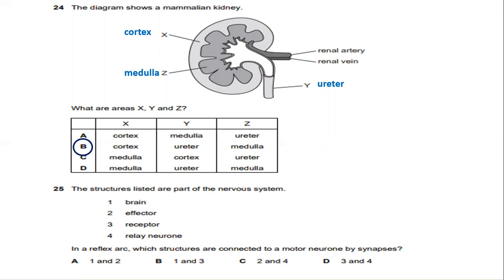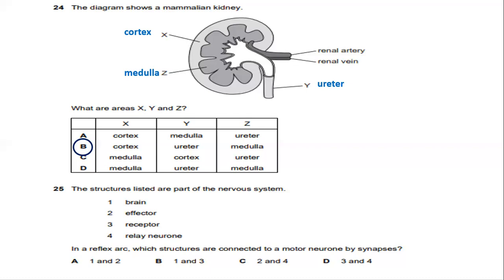The structures listed are part of the nervous system. In a reflex arc, which structures are connected to a motor neuron by synapses? A neural reflex arc is characterized by peripheral afferent sensory input that is transmitted to the central nervous system and processed.